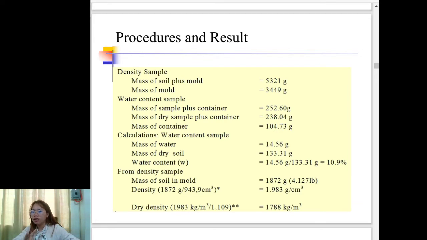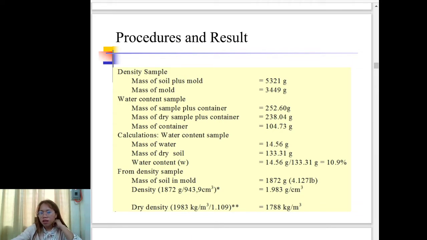So lahi siya nga container, example lang is plastic container, gibutang ang moist soil. The weight is 252.6 grams, and the mass of dry sample plus container. So pag oven dry na nimo siya, pag weigh na pud nimo, nahimo na lang siya og 238.04 grams. And also prior to that, you weigh the container and you obtain 104.73 grams as the mass of your container, no?